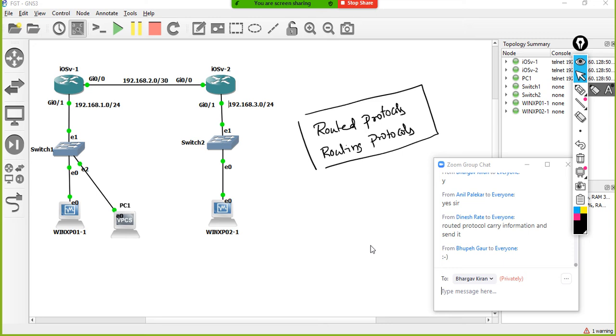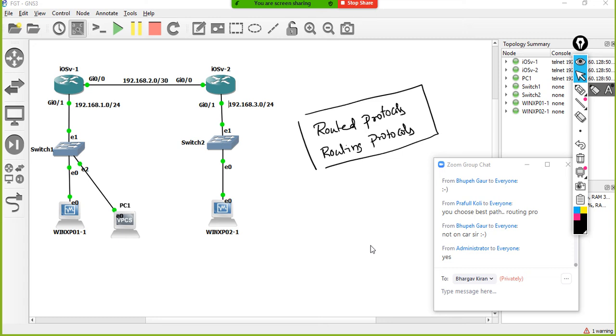Bhupesh, are you able to understand? The routing protocol shows me the path, so I can go anywhere. But the routed protocol carries your information. Is everybody clear? Say yes or no, guys. This is an interview question.